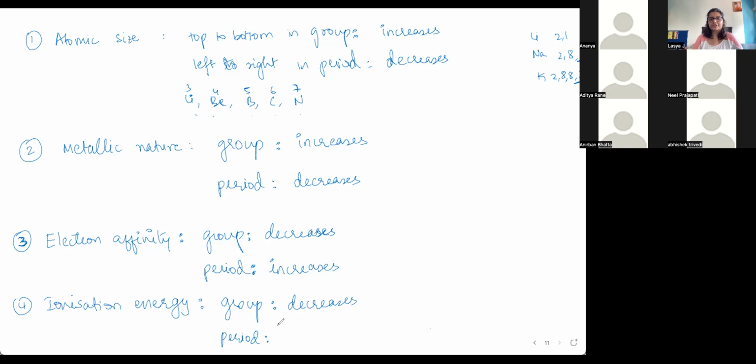How much energy do you need to put in to remove an electron? It will increase, yes. The alkali metals, you can remove it quite easily without spending a lot of energy. But halogens already have 7 electrons, so it's going to be very difficult to remove an electron from there.